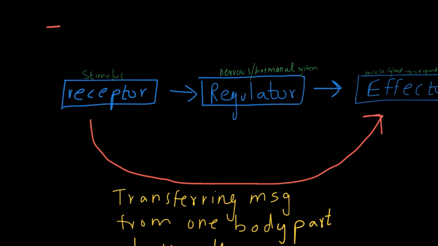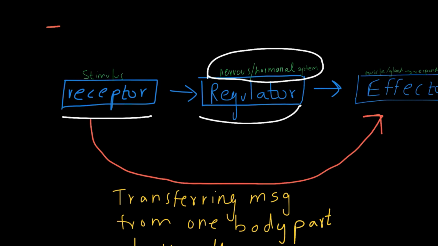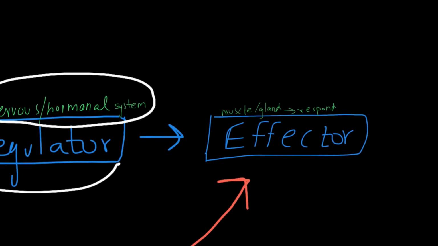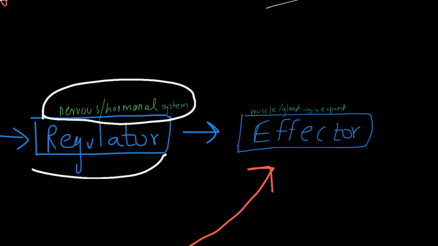So for example, at first there is a receptor and a regulator. Now, the regulator is always the nervous or the hormonal system. These are the two systems that are largely specialized. So the receptor detects a stimulus, and through the regulator gives signals, and the effector in the end, which is usually a muscle or gland, is able to respond to it.